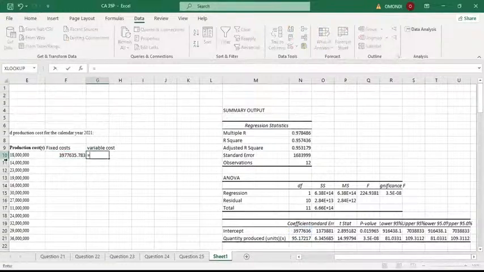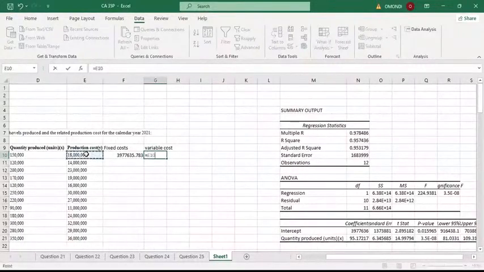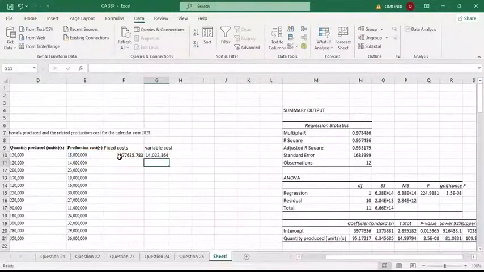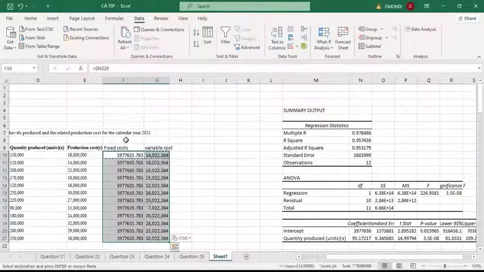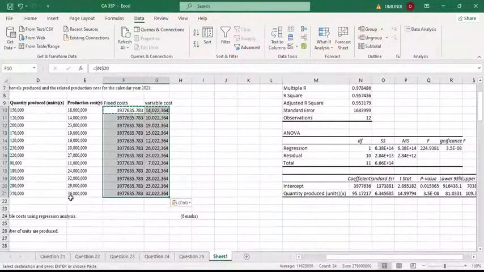Variable is equal to total costs minus my fixed costs. Then I enter. So once I do that, then I have my total variable and fixed cost. So if I want to get that, very simple.